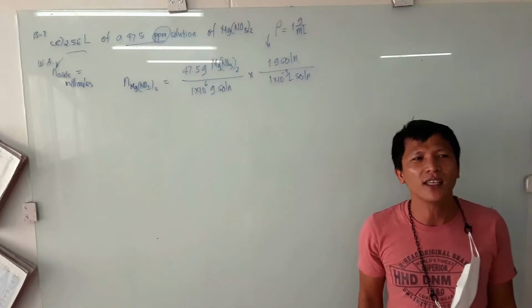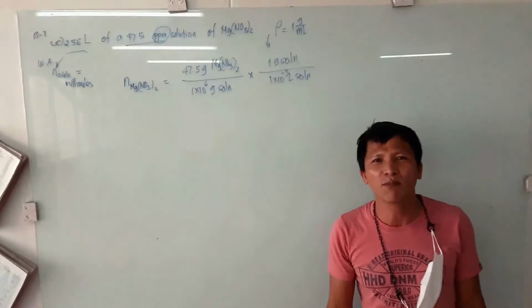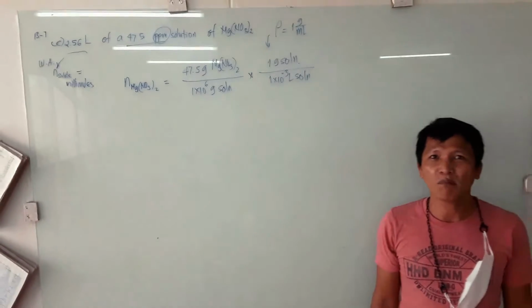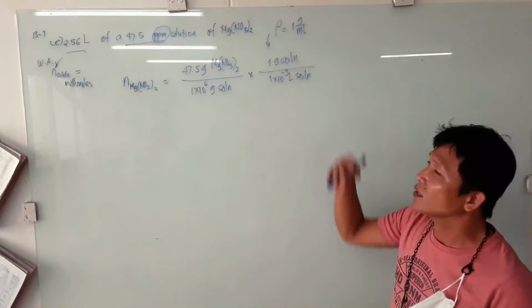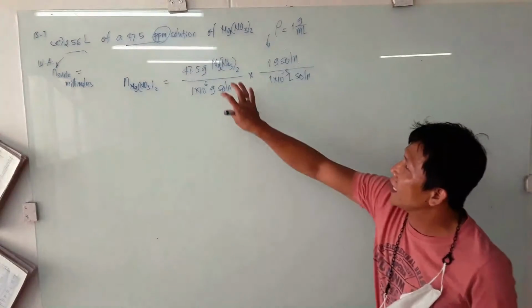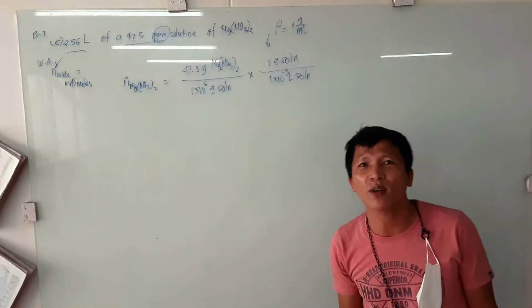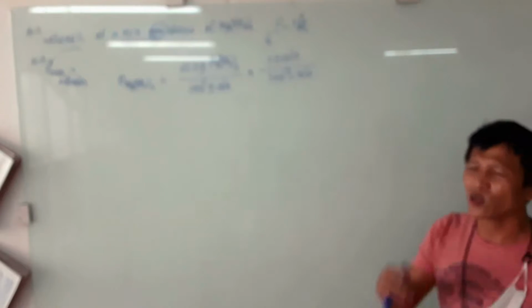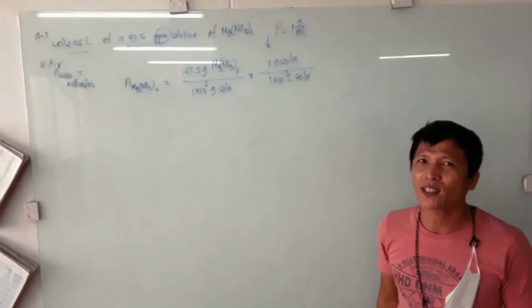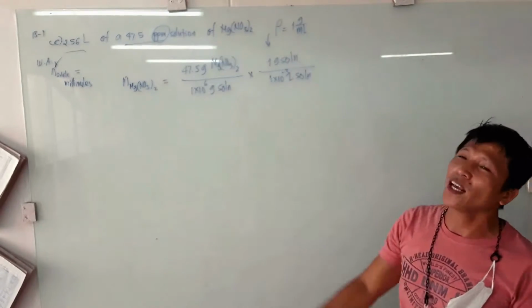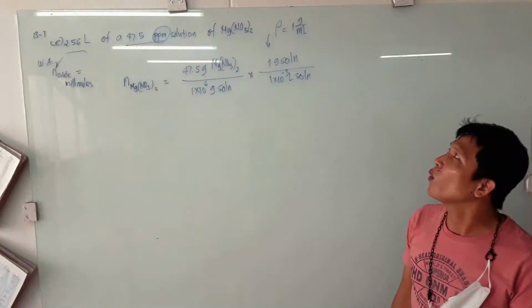Of course, your density fluctuates with respect to your temperature and pressure. But for dilute solutions like this, if that is a sample from a river or from seawater, it doesn't change that much, and we could safely assume that it is near 1 gram per mL.